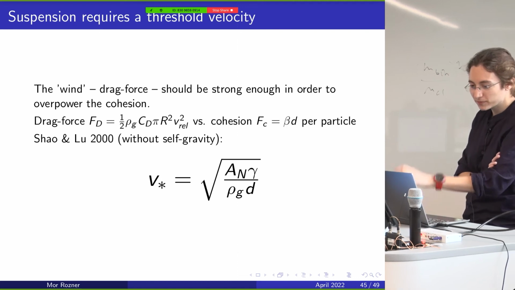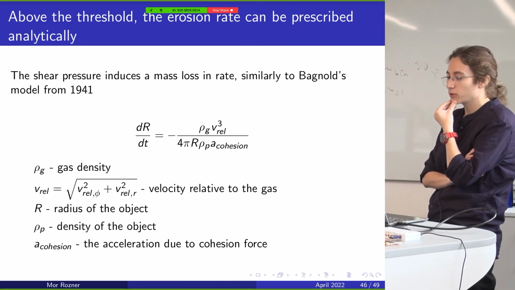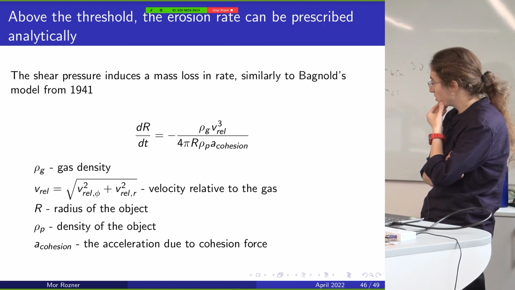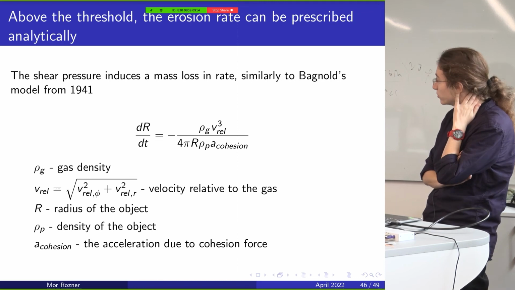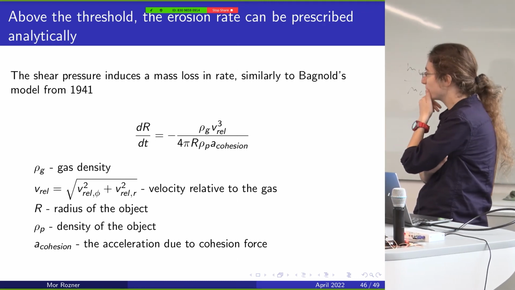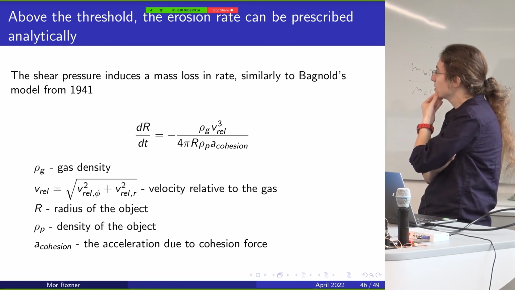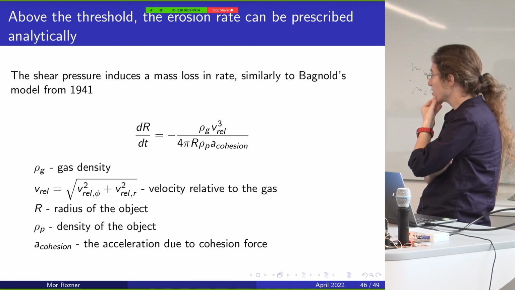Above this threshold, the erosion is actually very efficient, and you can derive it analytically. It scales with the relative velocity between you and the gas, the cohesion between the particles inside the pebble, the radius of the pebble, etc.